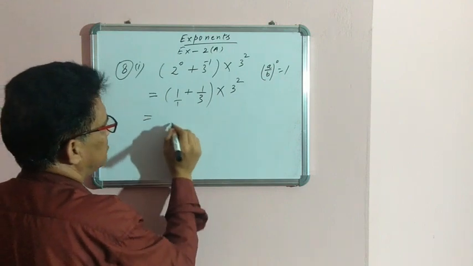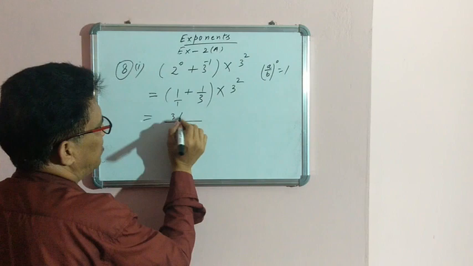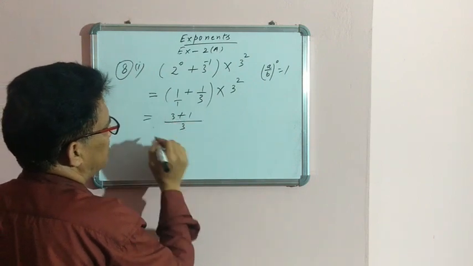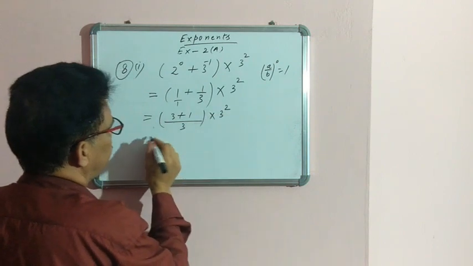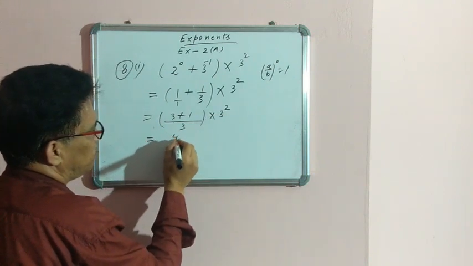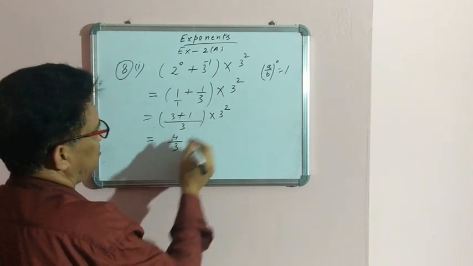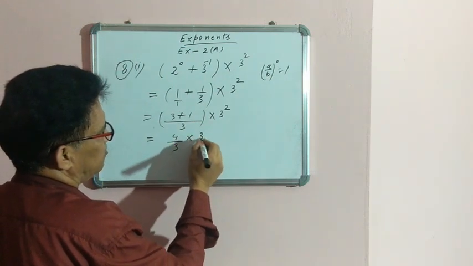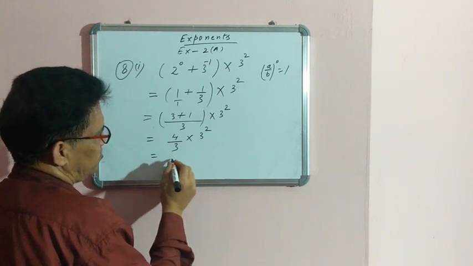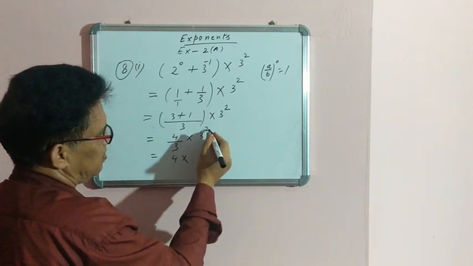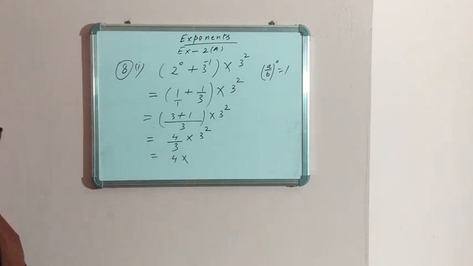So 1 is the LCM, so 3 plus 1 into 3 power 2. So this is 4 by 3 into 3 power 2. So what we will write here, 4 into 3 power 2, and this is nothing is there, so 3 power 1 is there.